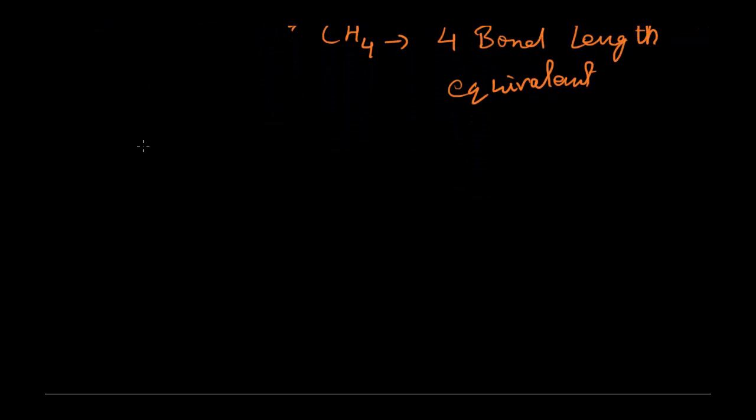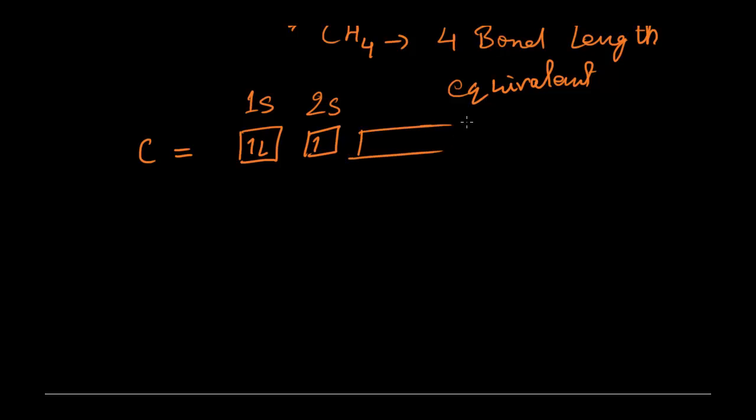So in hybridization, what do we say? We say that this was my 1s orbital of carbon. Again quickly let me write it. So this was my 2s and this was my 2p, with one electron each. In hybridization, all four orbitals combine together and make four hybrid orbitals.